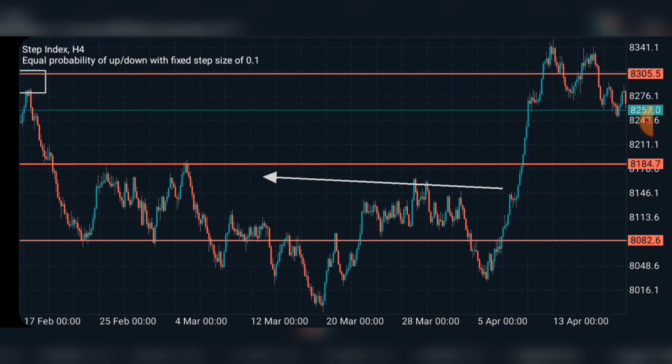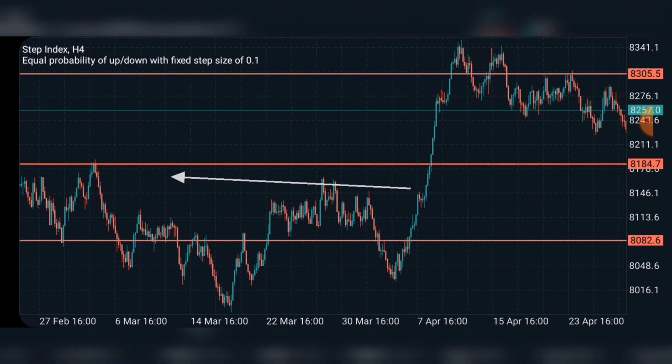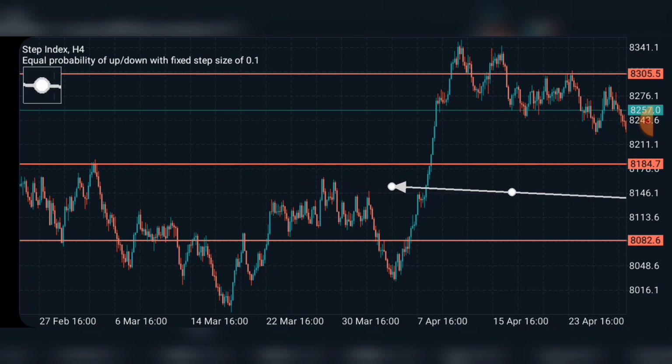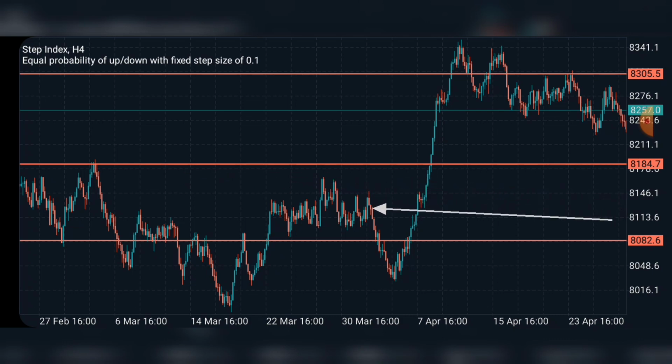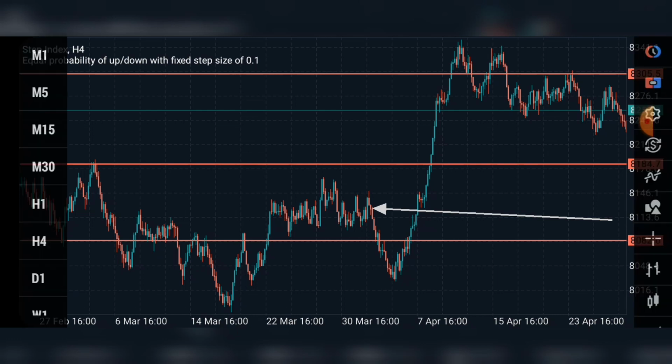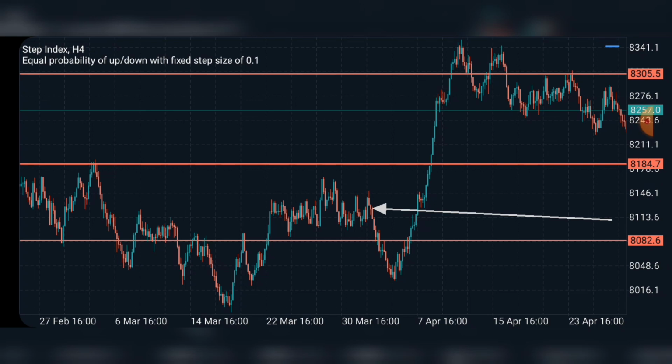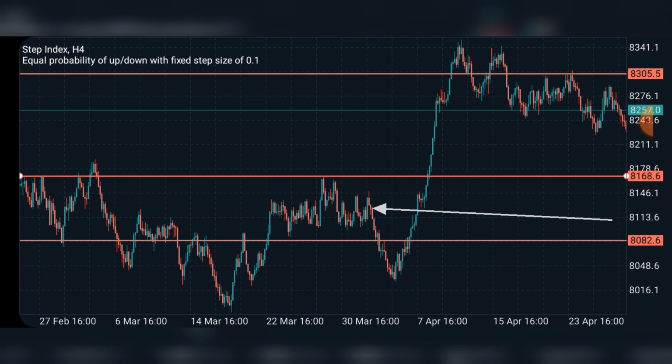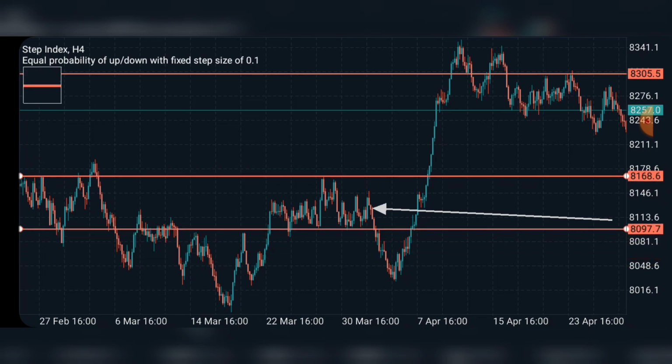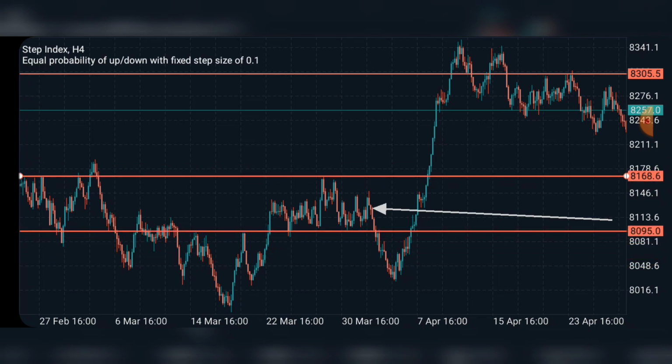And let's look at this right here as well, because we want to understand ranges from a multiplicity of perspectives. Right here, as small as this is, it would be considered a consolidation, right? Okay, let's remove this. So this would be considered a consolidation. So this within itself would also be a range.